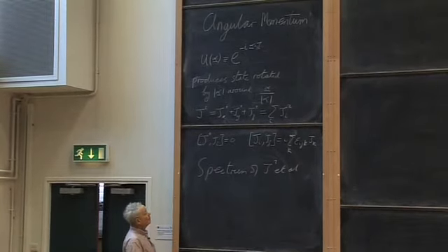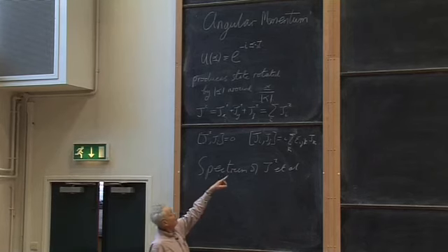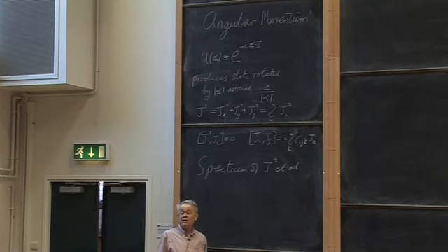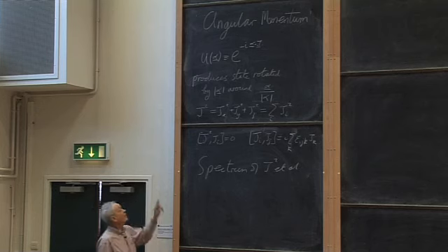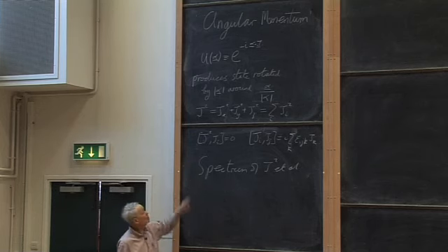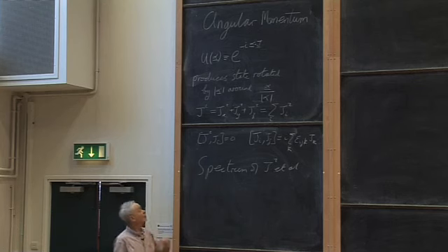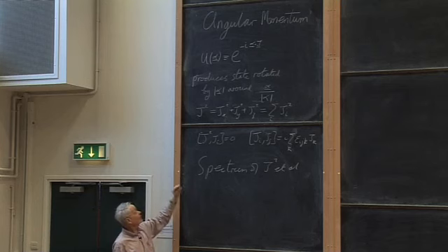Since Jx, Jy, and Jz don't commute with each other, there isn't a complete set of mutual eigenkets of Jx, Jy, and Jz. But because of that commutation relation, since J squared commutes with all of its subordinates, there is a complete set of mutual eigenkets of J squared and any one of those.